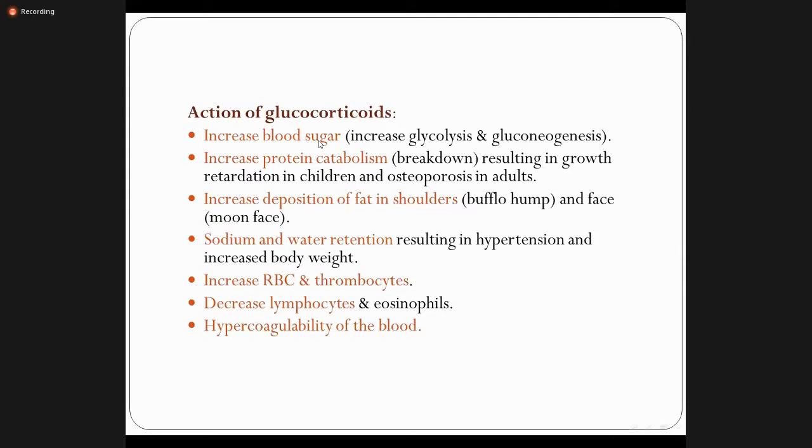That is why if we have to start glucocorticoids in diabetic patients, sometimes it's very difficult to control the blood sugar level in that patient. Okay, the second important point is the increased protein synthesis.